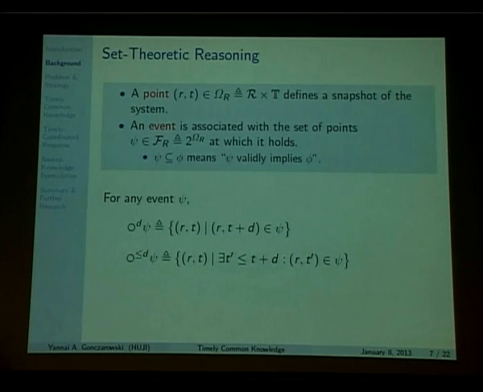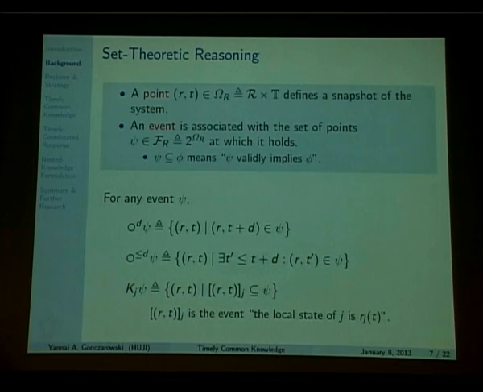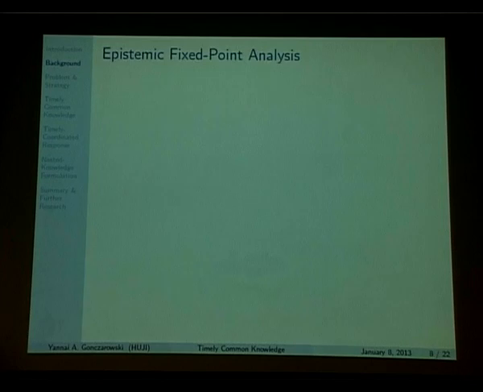Circle less than or equal to d psi means psi occurs at some point along the current run no later than d time units into the future. And K_j psi is regular knowledge, meaning that j knows psi if psi holds at every point that j considers possible, meaning at every point at which j's local state is the same as it is right now.